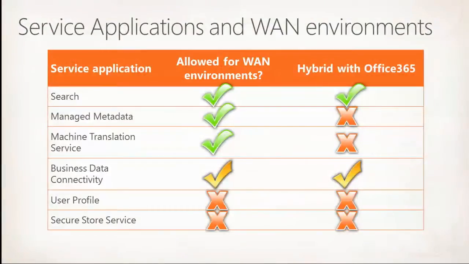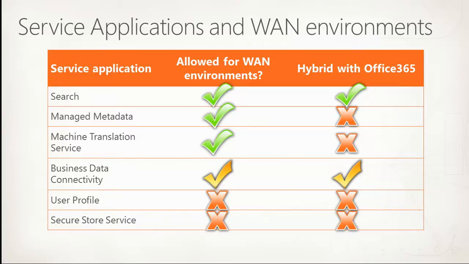Here's your slide for the hybrid scenario. What we're showing here is all the service applications and the support for cross-farm service applications in a wide area network environment. Search is supported, both on-prem if it was another farm, and also hybrid with Office 365.